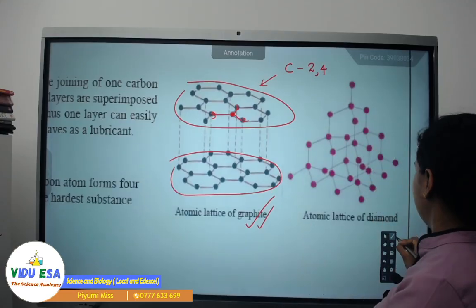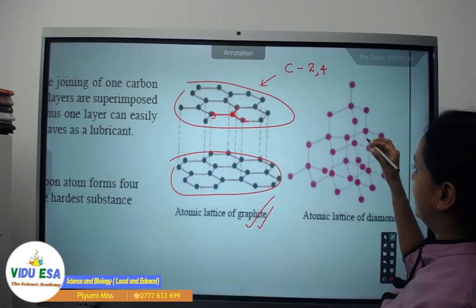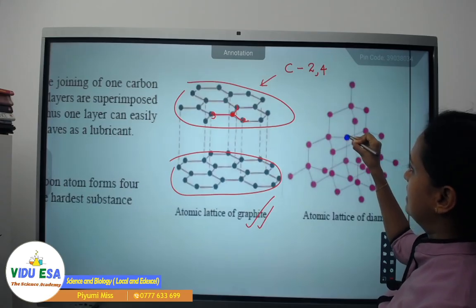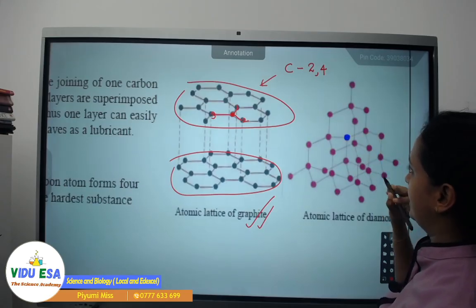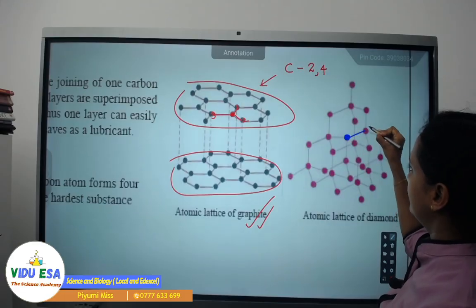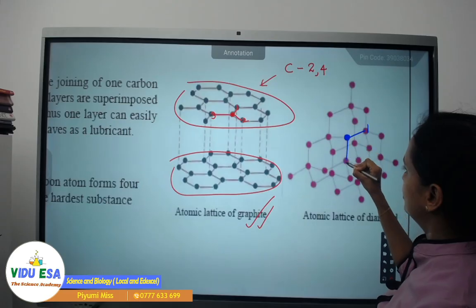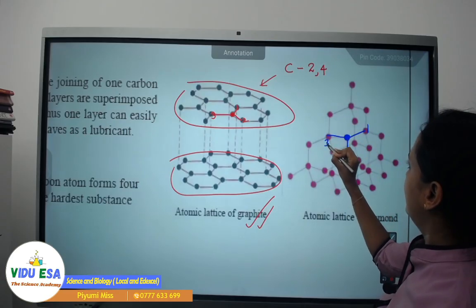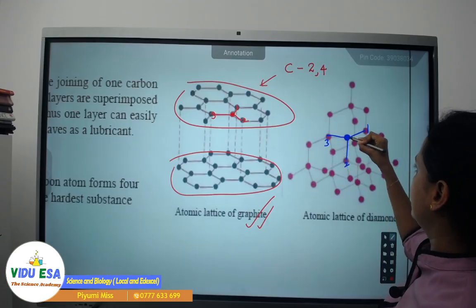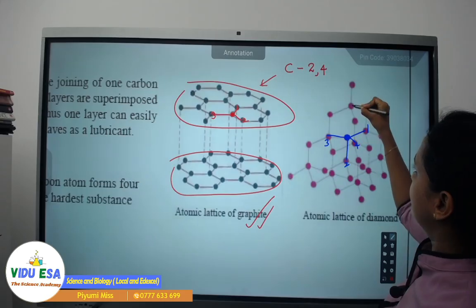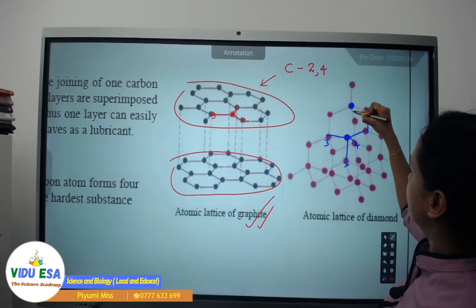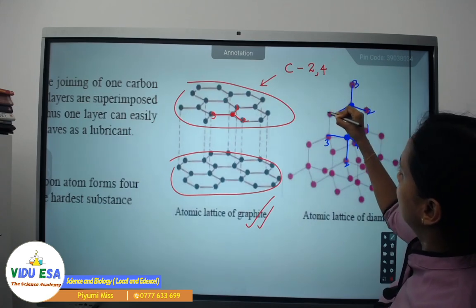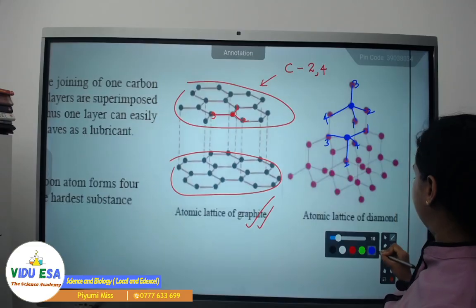Then in the case of diamond, you know diamond is considered to be the hardest substance. If I consider this carbon atom, it has made bonds with 1, 2, 3, and here this is the fourth one, right?